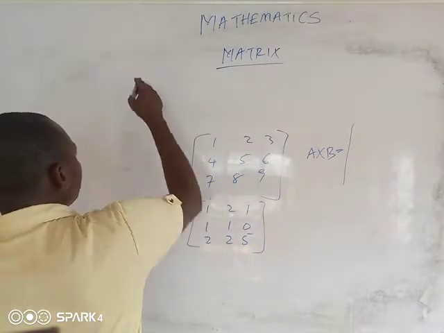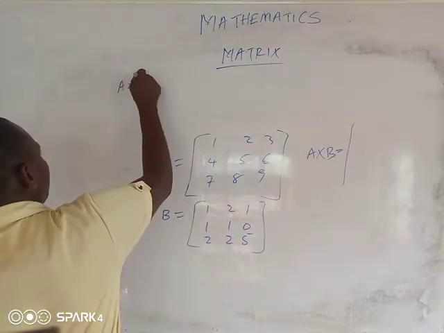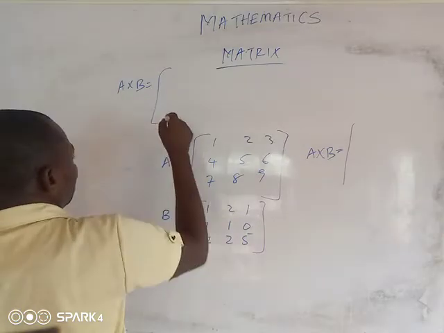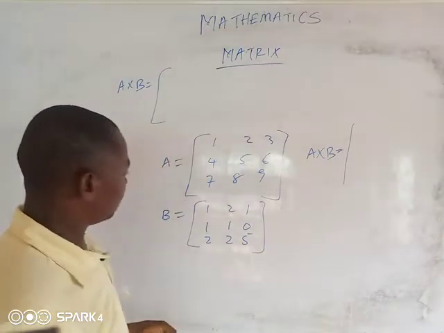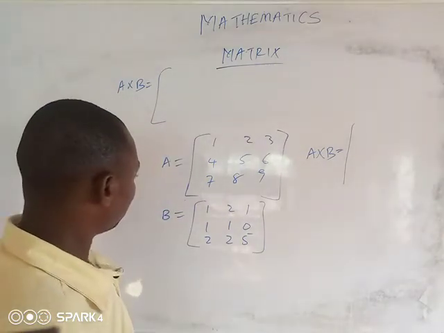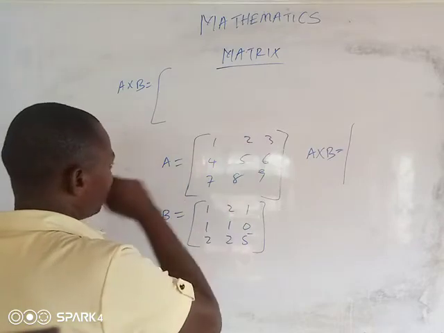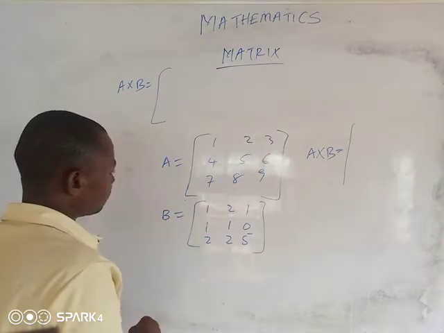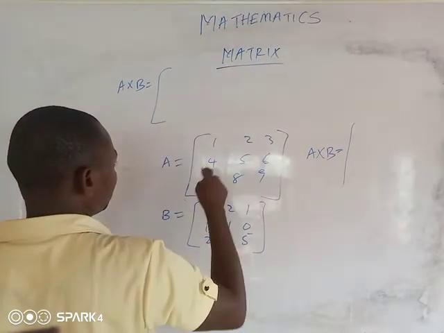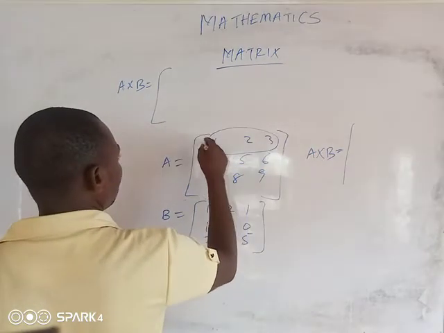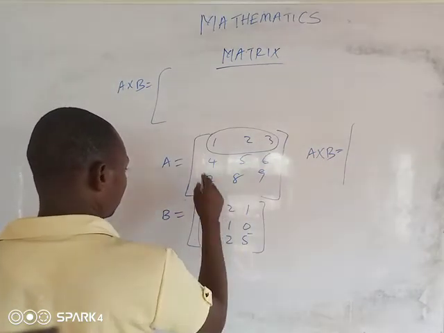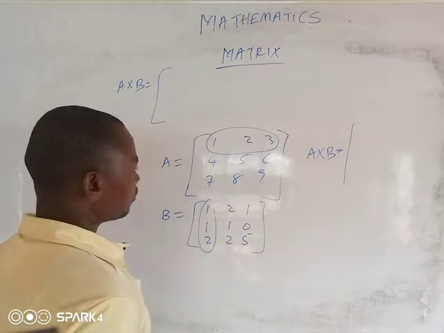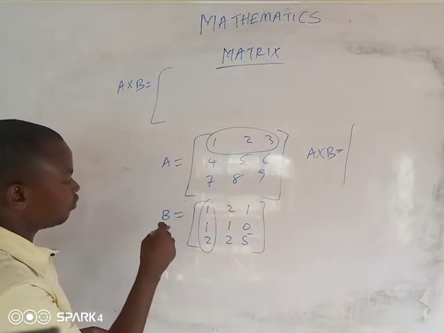So let's assume I have A cross B. So we have 1 times 1, this to this first. When I'm done, I rub it off so that you know what we are doing.